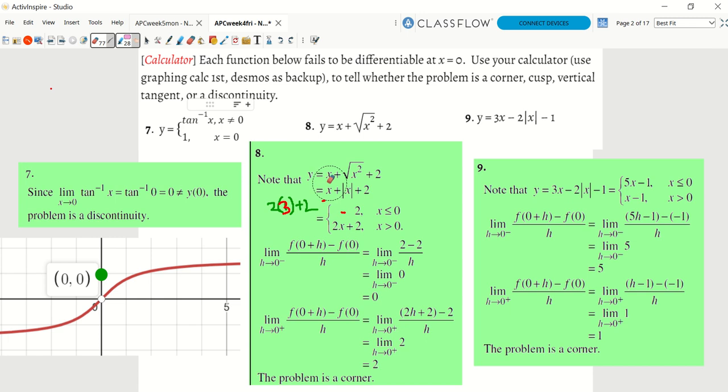All I'm trying to say is that this equation becomes this equation if you choose positive numbers for x. Okay? All right, now let's talk about negative numbers for x.